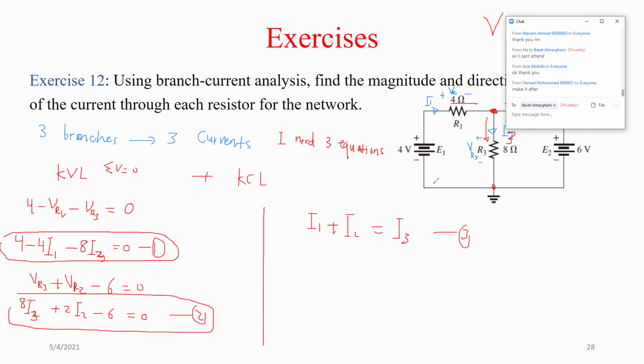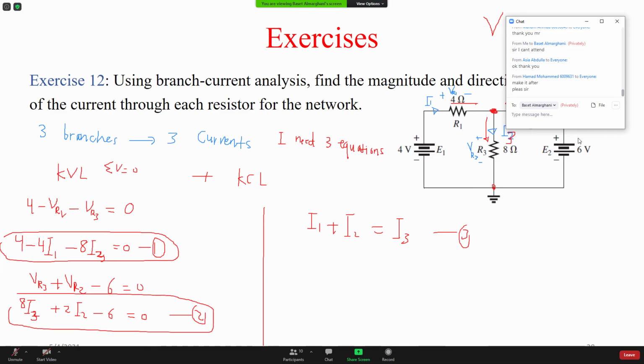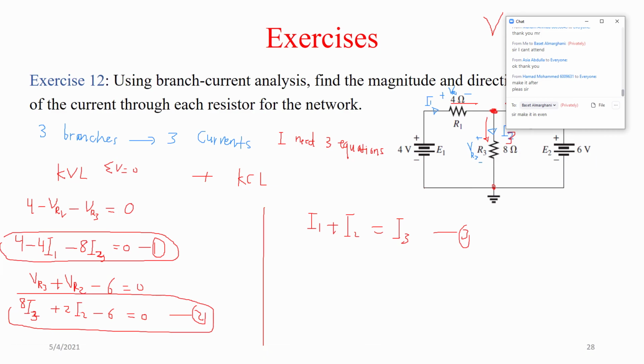What time do you guys want it? Is 1 o'clock okay instead of 12:30? Hamad, you're saying 1 is fine? We can do it a little bit before 12:30. I know you guys are free between 12:30 and 2 o'clock, I think. No. At night, I'm not going to do anything at night anymore.